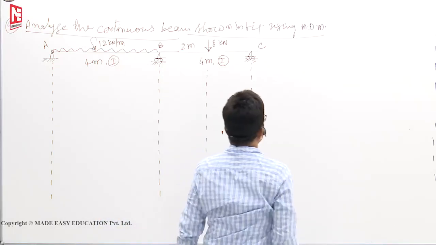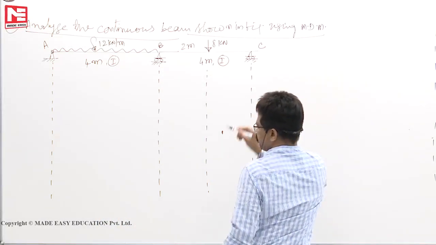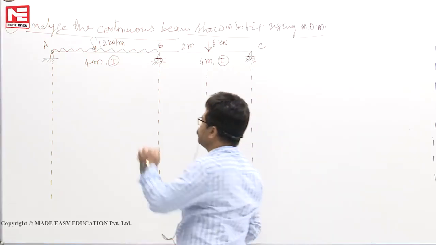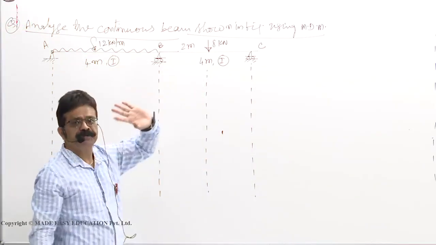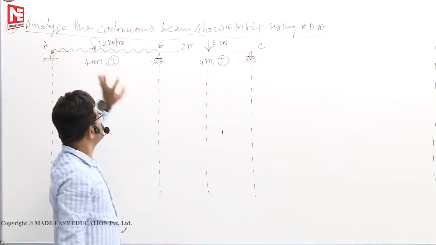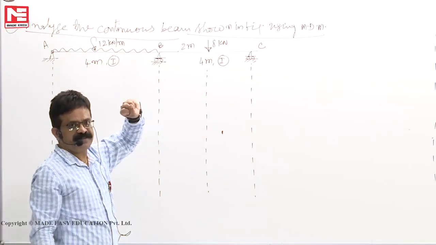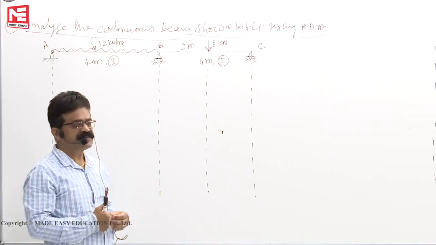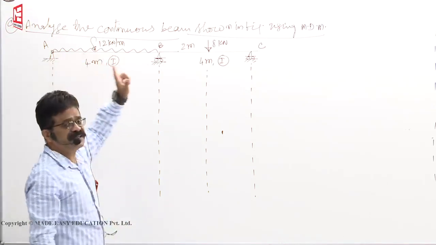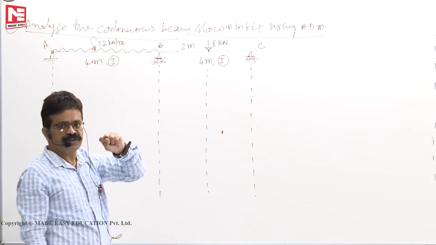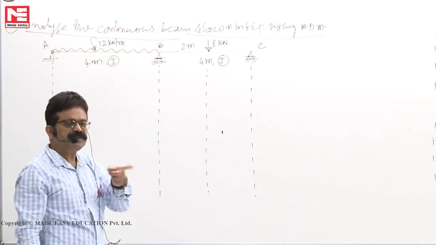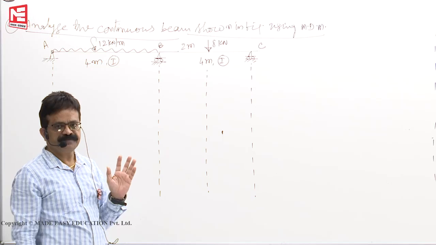Now your first step, as in the moment distribution method: first we will find the fixed end moments. Fixed end moments means we will find the locking moments. Whether it is a fixed, hinged or roller support, first you lock the joints, which means don't permit the slopes to happen.